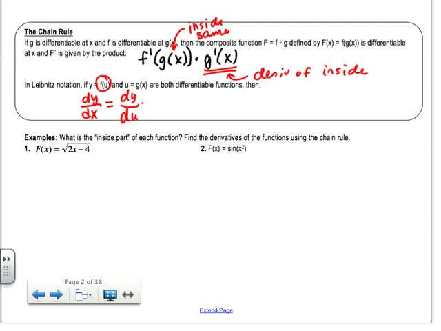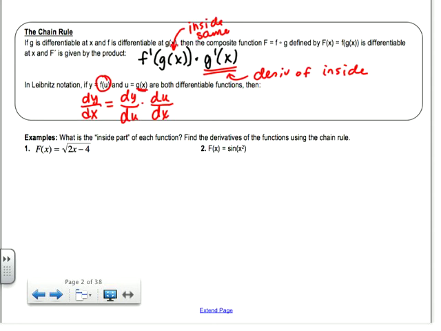But then you know that u was really g of x, so you're taking the derivative of u in terms of x. So the variables were all x for that.